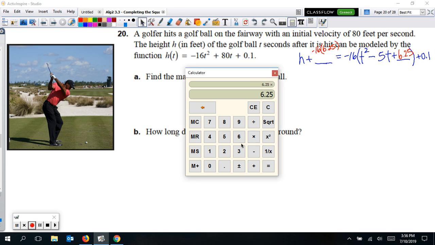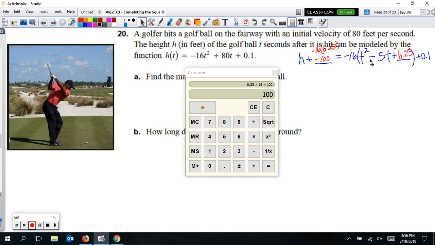So 6.25 times 16, there we go, gives us 100, but it's going to be negative since it's negative 16. So a negative 100 is going to fill that blank in.